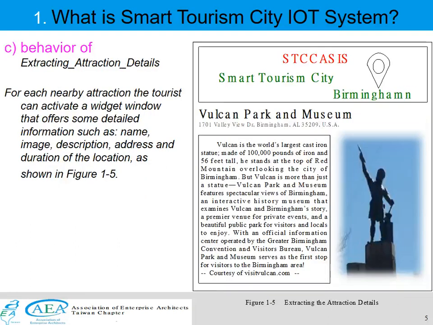The third behavior is extracting attraction detail. Once the tourist has the attraction city map, then he can try to get the detail of the attraction, to show him more information about the attraction details.